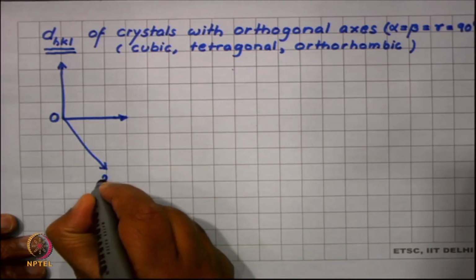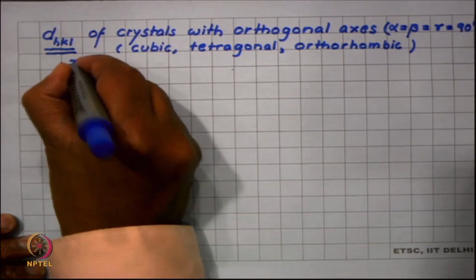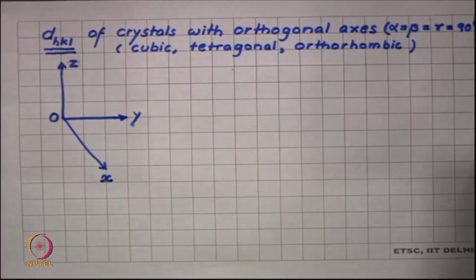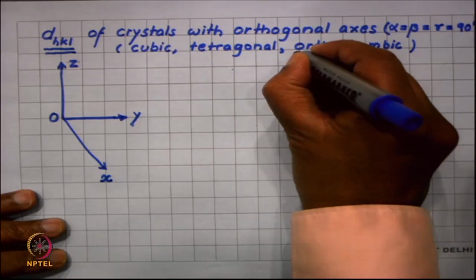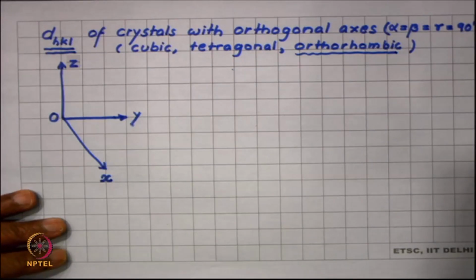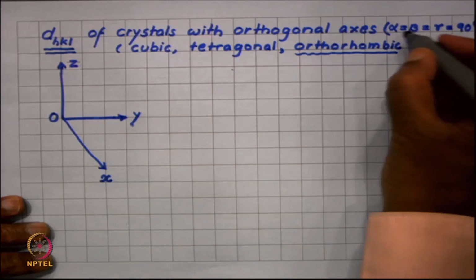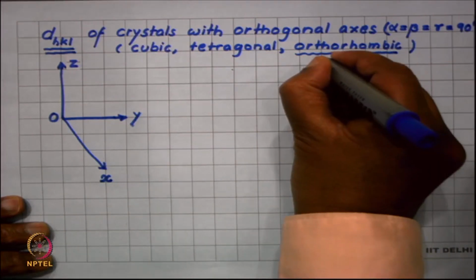So, let us say that this is the origin and these are the 3 axes of my orthogonal system, could be cubic, could be tetragonal and could be orthorhombic. To keep it general, let us start with orthorhombic, later on we will specialize for tetragonal and cubic. All of them have alpha, beta, gamma equal to 90 degrees.